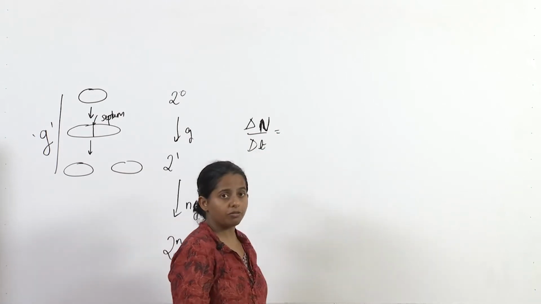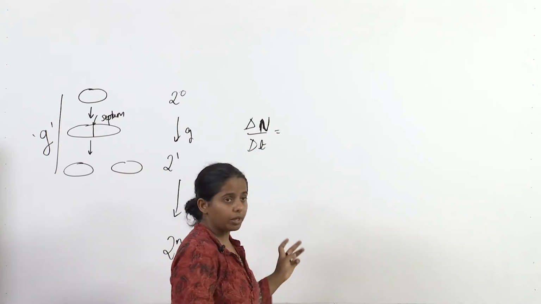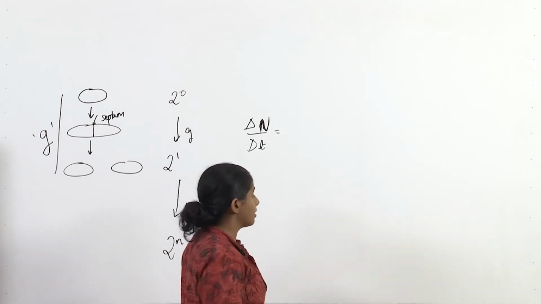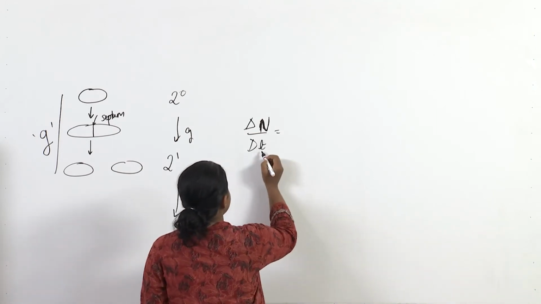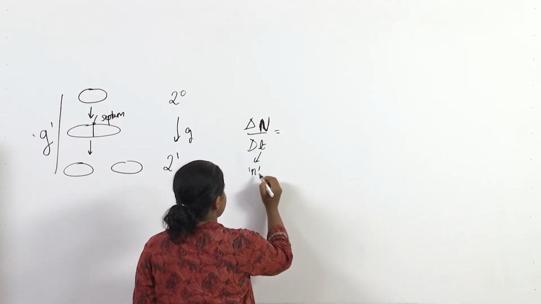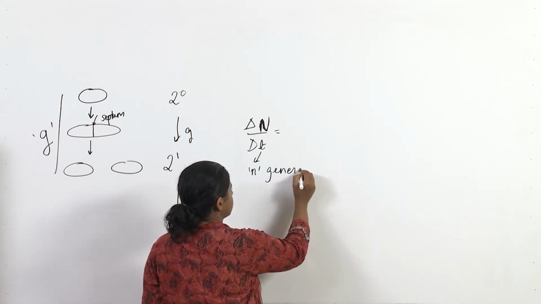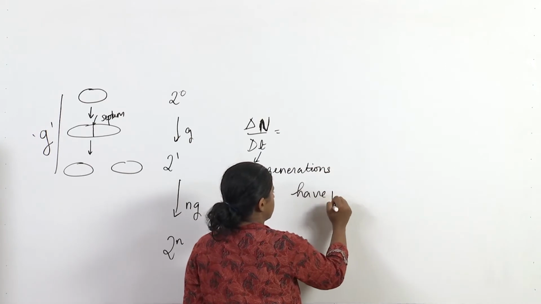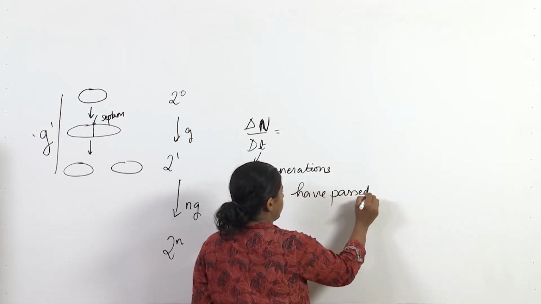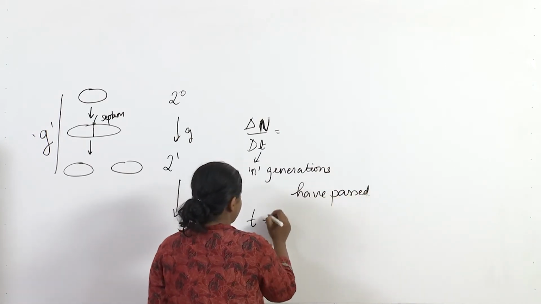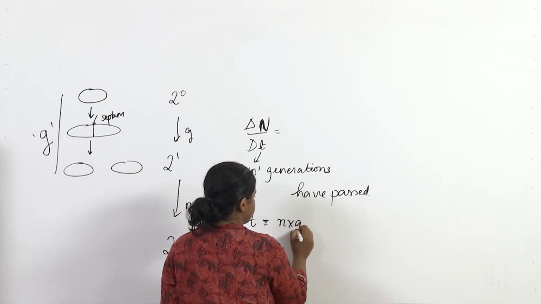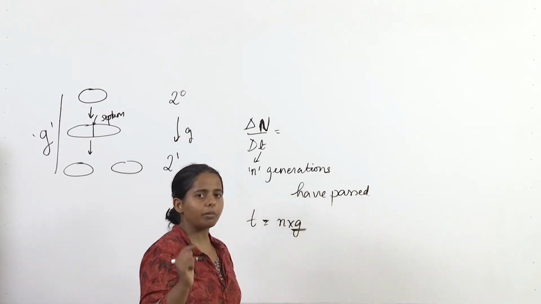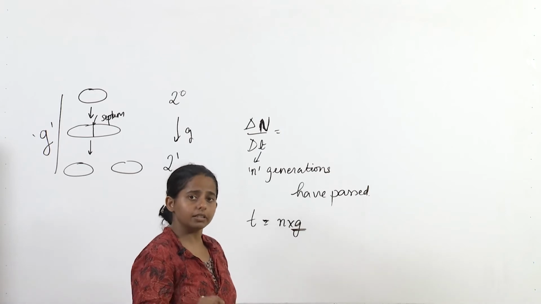Here n is the number of microbial cells, t is the time, and remember we started with n naught or 1 cell. And here we can say that n generations have passed. What it means is that the time at this moment is actually n into g, where g is the time it takes for one microbial cell to replicate under ideal conditions.